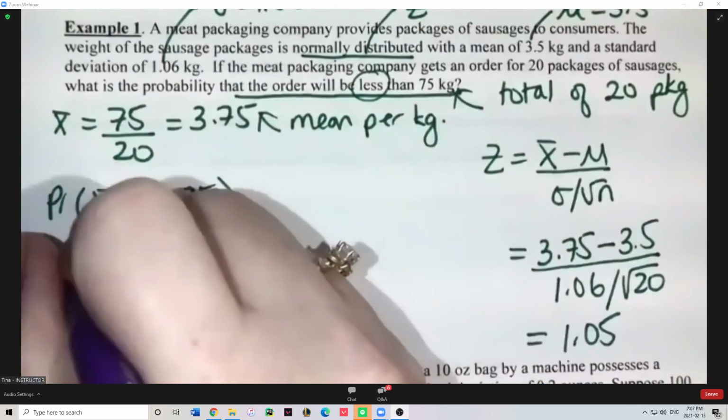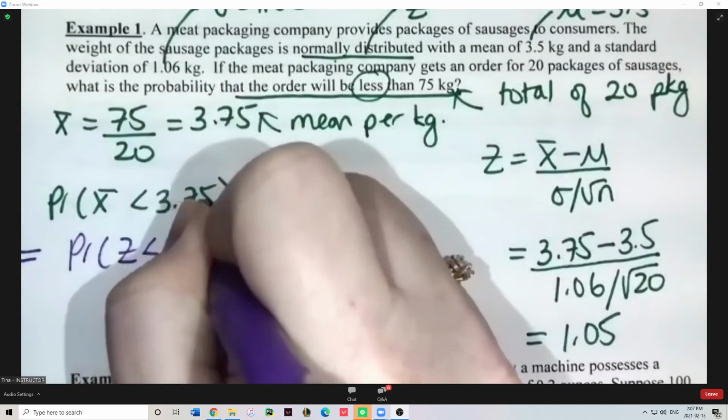So we wanted X bar less than 3.75, so that's Z less than 1.05.